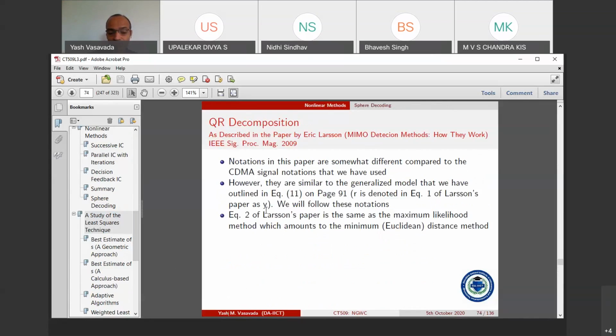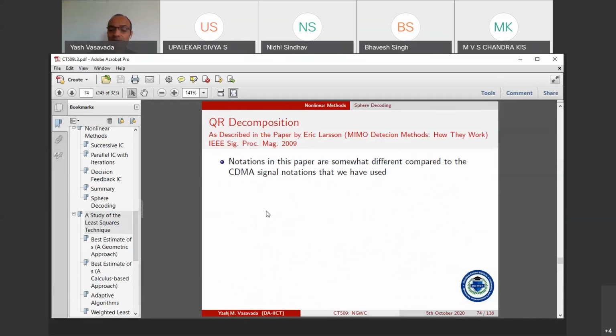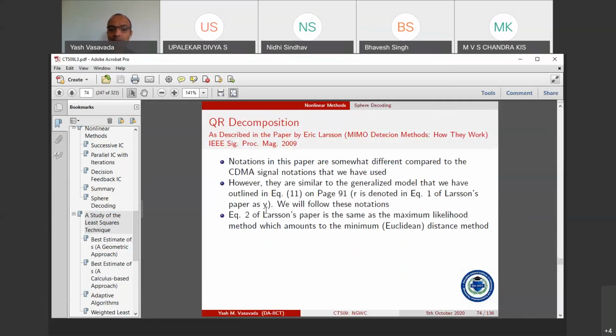We have just concluded that as capital K becomes large, this brute force distance minimization becomes computationally impractical. And the sphere decoding is a smart way of solving this computational problem.